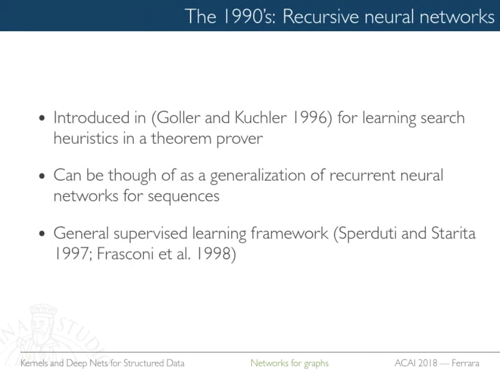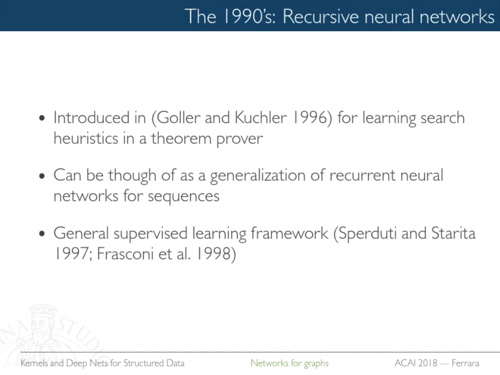Very old approach. That was the early 90s, well, mid-90s. It's called recursive neural networks, okay? That was invented by these two guys who were actually after a very special problem. There were theorem provers in first-order logic, right? They basically need a search algorithm to find the proof.